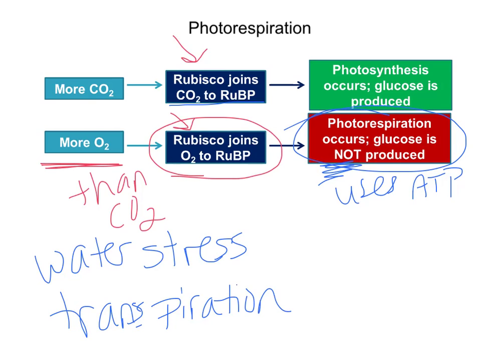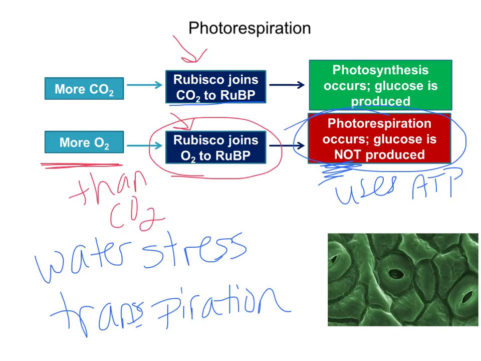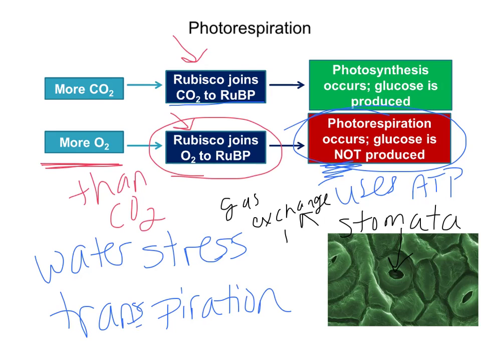And if you think back to your leaf anatomy, remember I've got my stoma or stomata. Remember, the stomata are those little holes on the underside of the leaf. The stomata allow for gas exchange. So it allows that CO2 to come in and the oxygen to leave, and it allows for water loss. That's how the water gets out during transpiration.